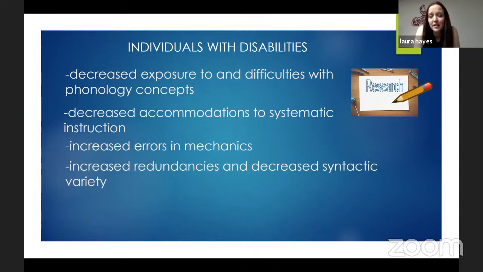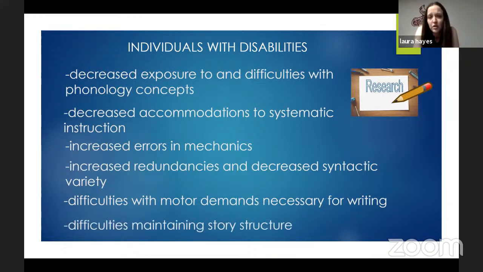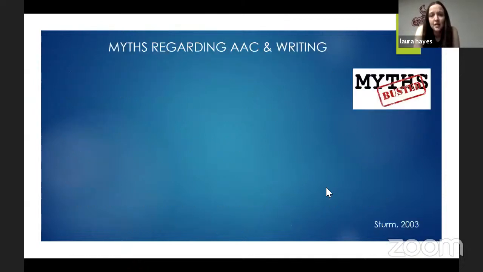And that's true both in written expression and with the research that goes alongside what language is utilized in AAC systems. We know that semantic and syntactic variety is limited. They have difficulties with motor demands necessary for writing. They're not going to have that tripod grasp. They're not going to be able to hold a pencil like you or I would. And then they also have difficulties maintaining story structure, the pragmatics of writing, the different components of what is in an exposition. That is what research tells us.